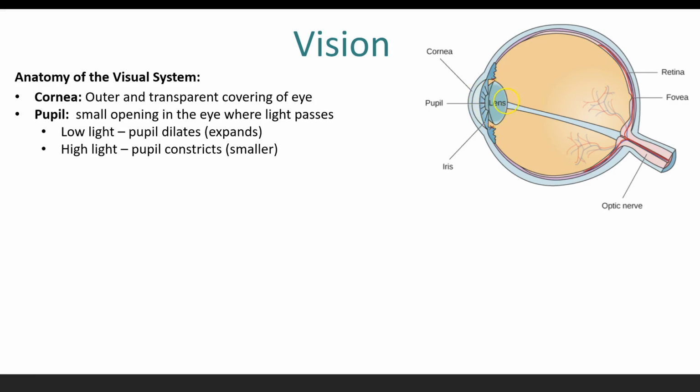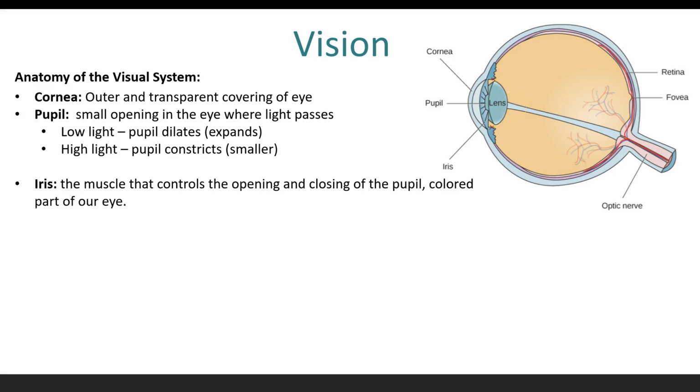This makes sense because in low light, we need to expand the pupil in order to get more light to see, whereas in high light, our pupil gets smaller because we already have so much light with which we can see. And the iris is the muscle that controls the opening and closing of the pupil. This is the colored part of the eye.